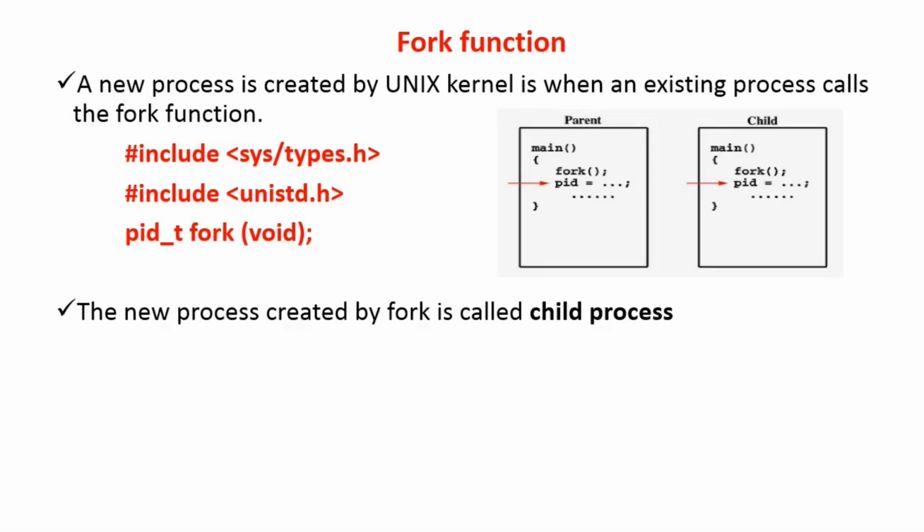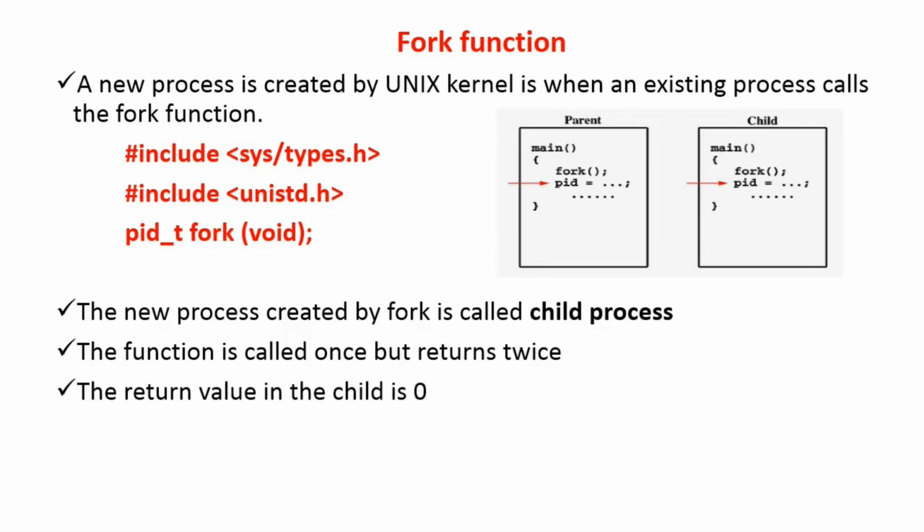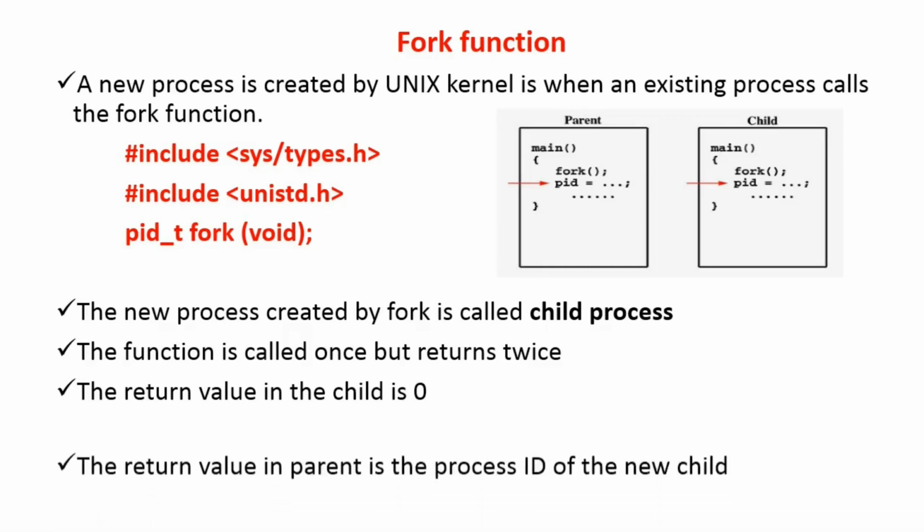The new process created by fork is called the child process. The function is called once but returns twice. Once the fork function is executed, it is called only once, and returns twice. There will be two different process IDs, one for the parent and one for the child. The return value is 0 in the child process.